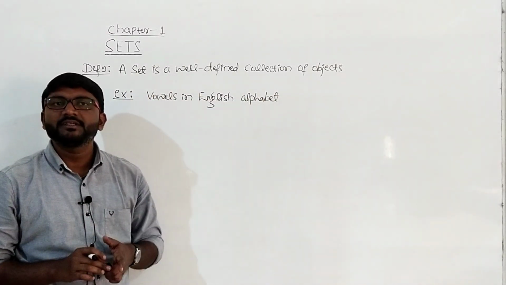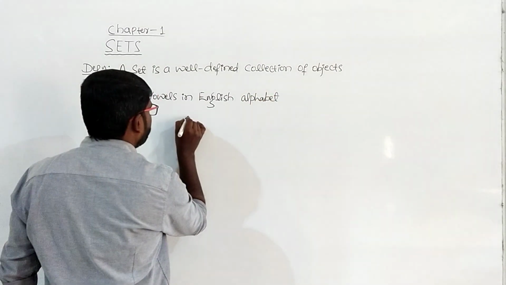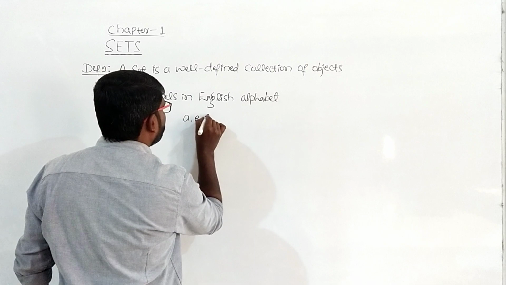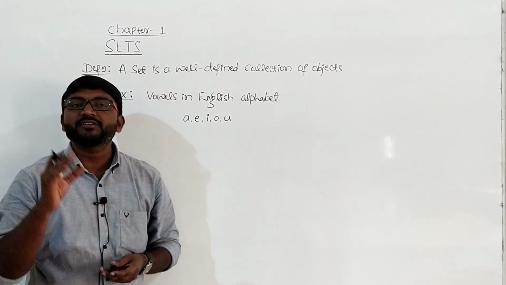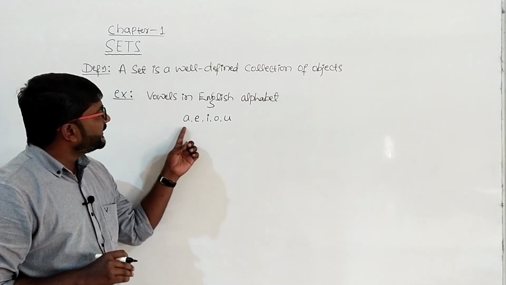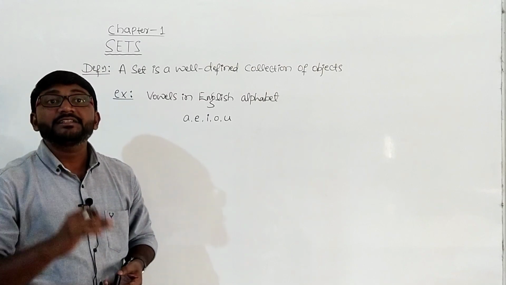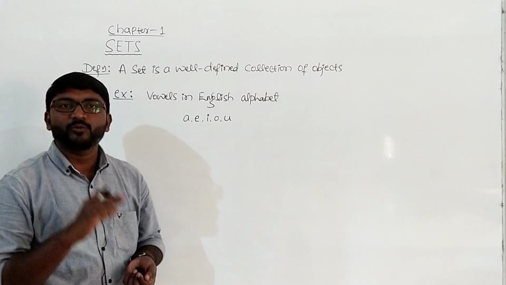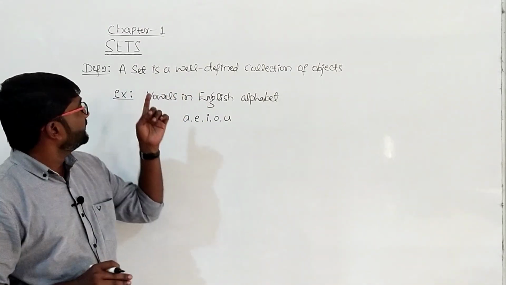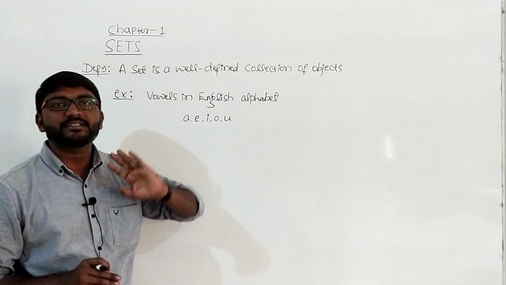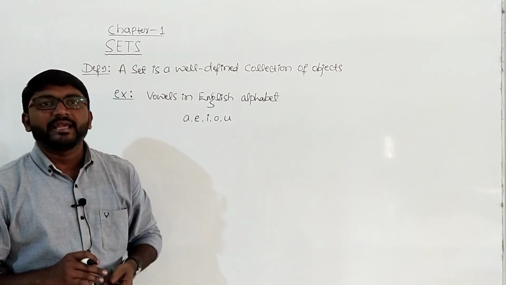What are the vowels? A, E, I, O, U. If you ask any person in the world, he will say A, E, I, O, U are the vowels in the English alphabet. This will never change from one person to another. That's what the definition says: a set is a well-defined collection of objects. It will not change from one person to another.